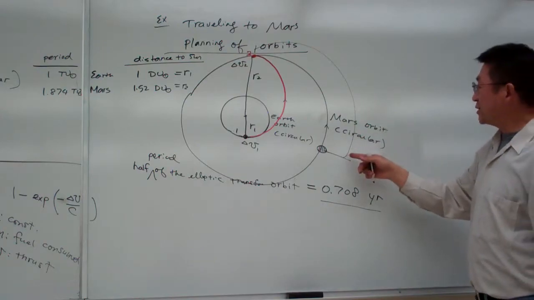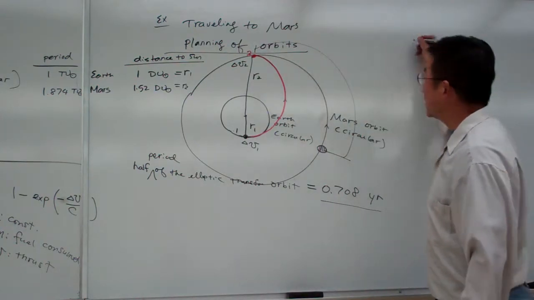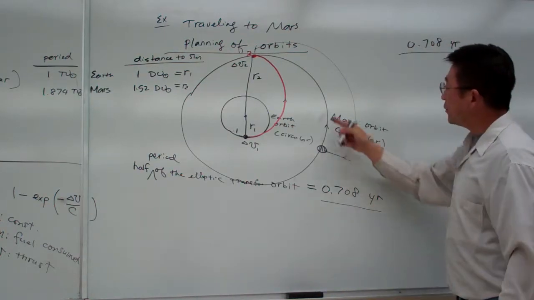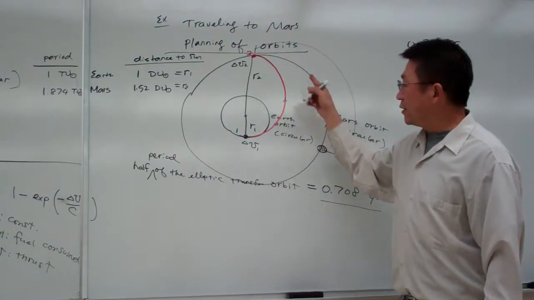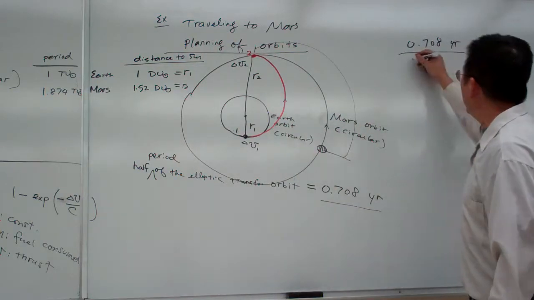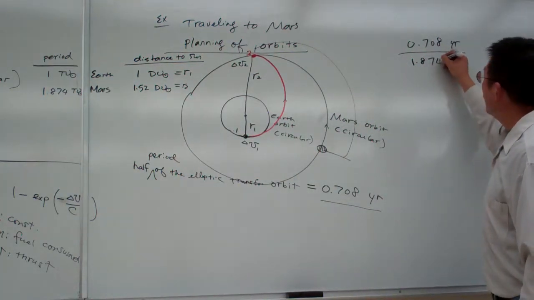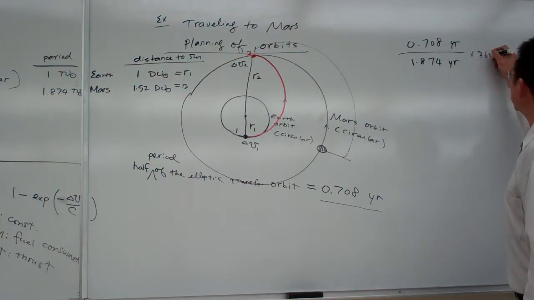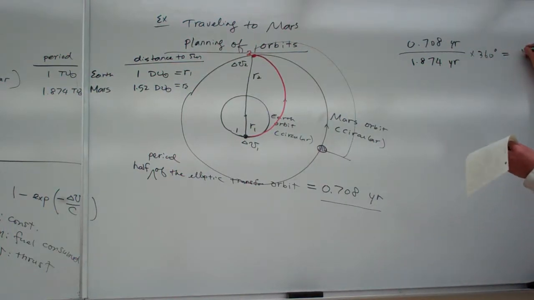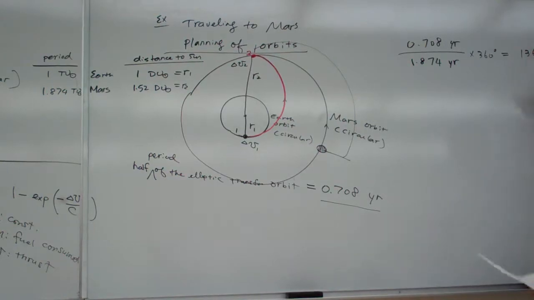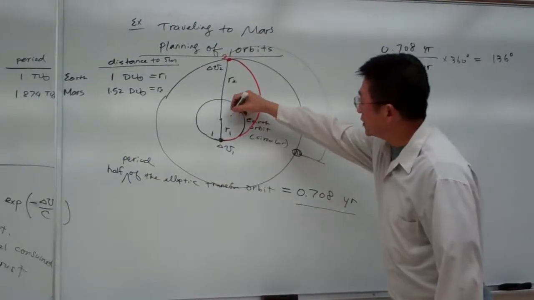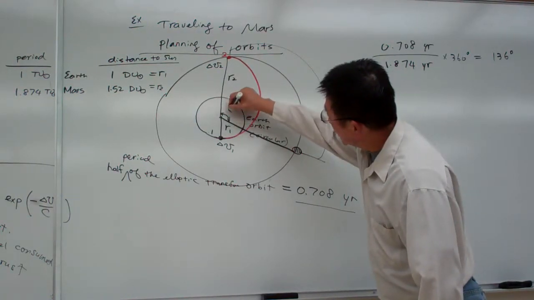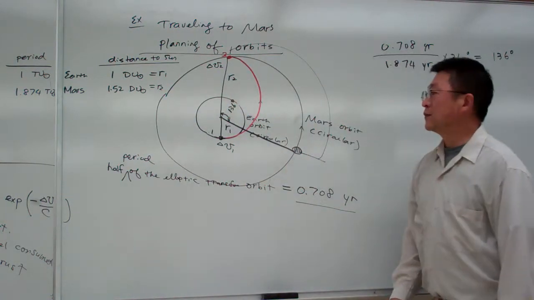Okay, so then from here we can determine how much the angle is. The time spent from here to here is 0.708, divided by the whole cycle of Mars, 1.874 years. Multiply by 360 degrees, and that number is 136 degrees. So this is 136 degrees.